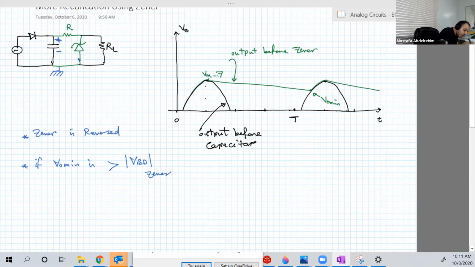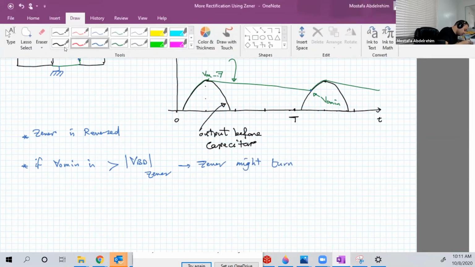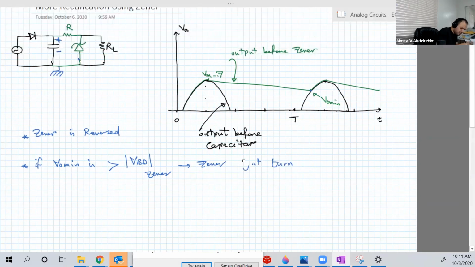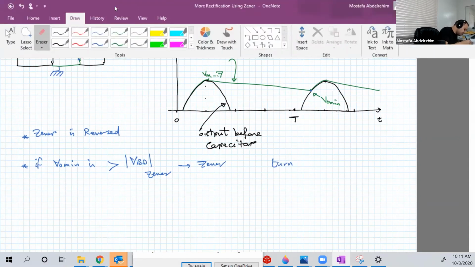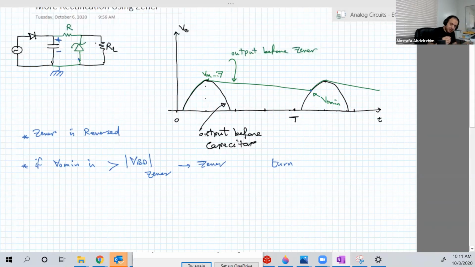And if VO minimum is larger than the breakdown voltage of the Zener, it might turn on, or probably not might. There are still some conditions, but let's give a highlight review of it.